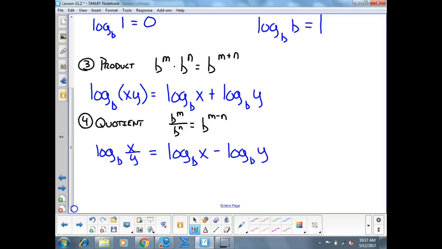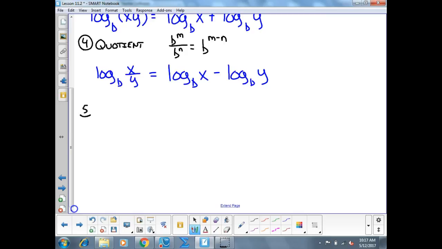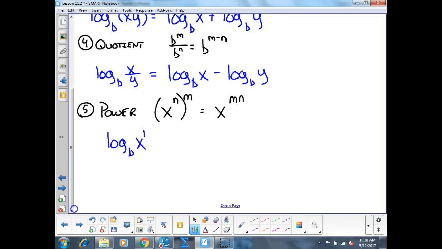Then we gave you the power property. That was what it was based off of, but really it's log base b of x to the n is equal to n times log base b of x.